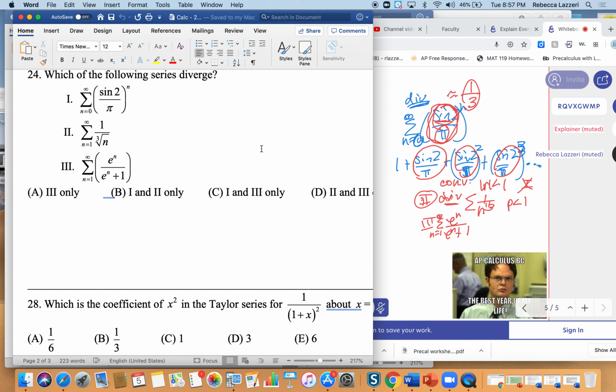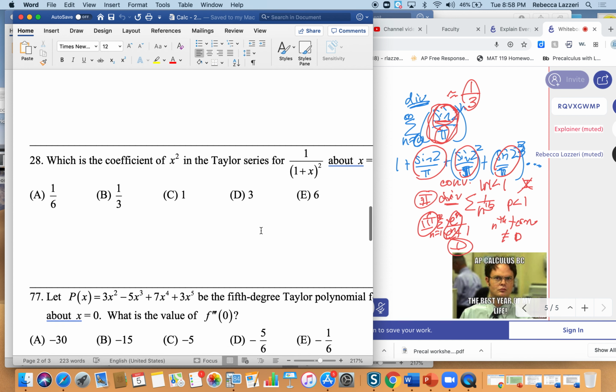If you take the limit of this as n approaches infinity for the nth term test, the nth term would go to a 1-to-1 ratio, not 0. Your nth term does not equal 0. And so this one would also be divergent. And so it's D. It would be 2 and 3.